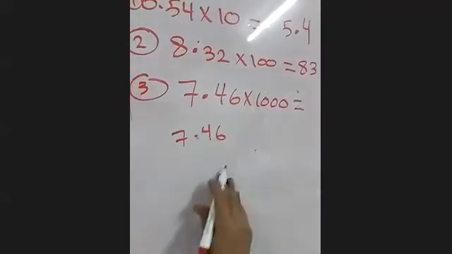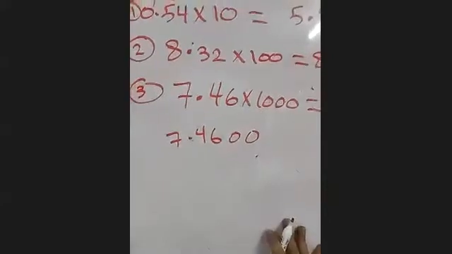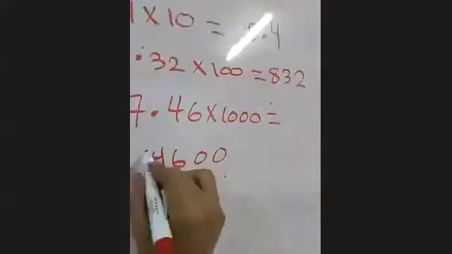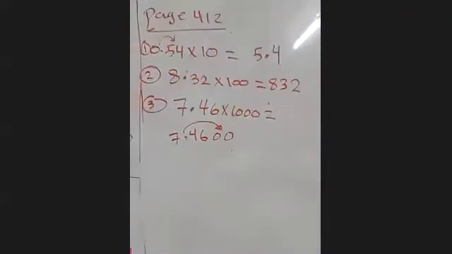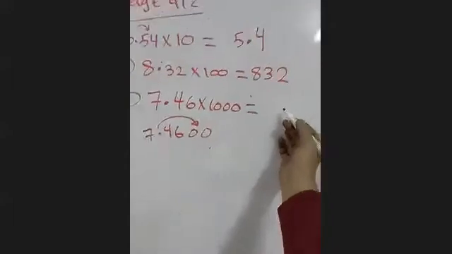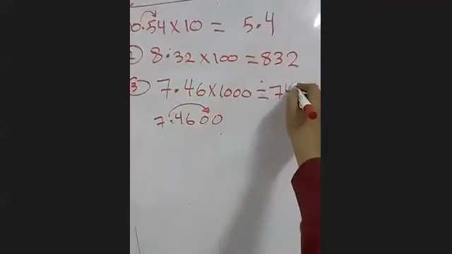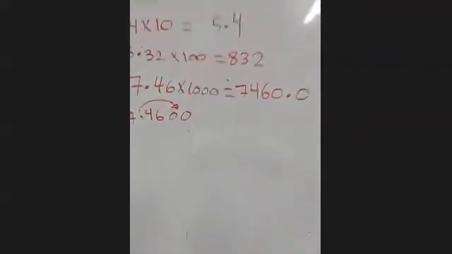We add 0. I added 2 zeros. Where will the decimal be? After 3 digits. Push 3 digits. 1, 2, 3. So what will the answer be? 7, 4, 6, 0, decimal 0, right?